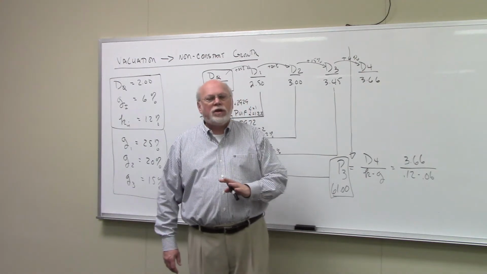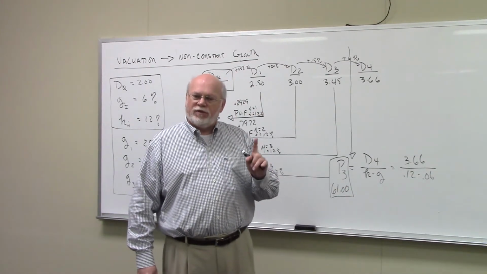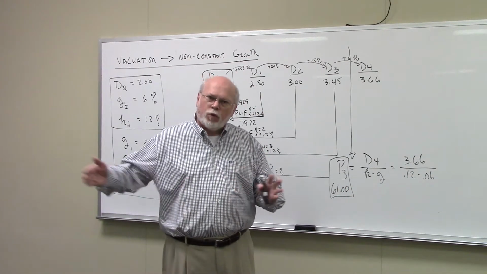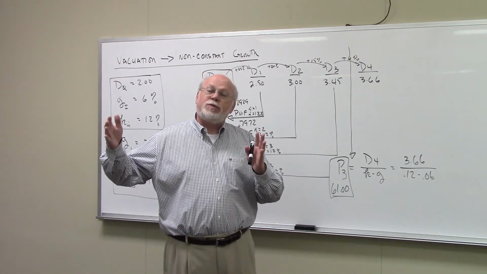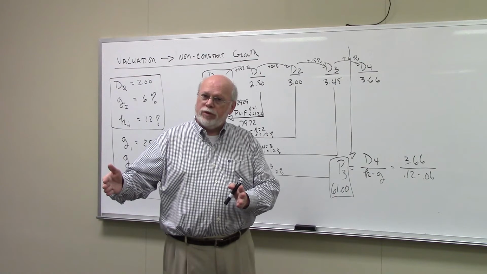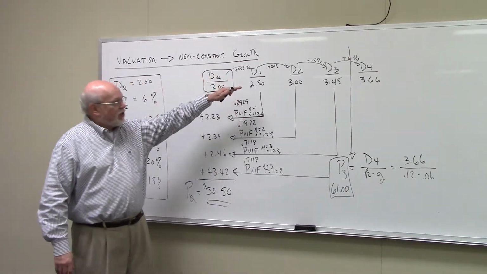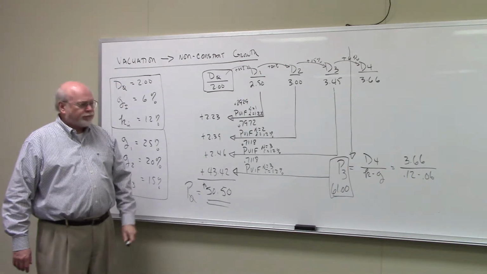So when you have non-constant or supernormal growth, the first step to finding intrinsic value is to forecast your dividends. Specifically, the dividends you expect to receive during supernormal growth, and then one dividend past that. And that's what you see on this top line up here.